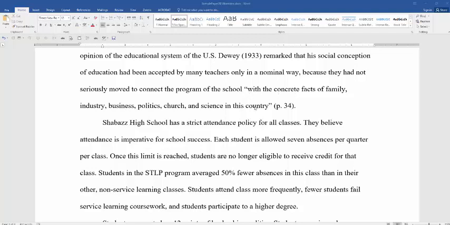So we have that as part of the narrative, and then at the end of that direct quote, we have the page number where it appears in this work. In this case, page 34. At the end of the parentheses is the period. That is the end of the sentence.